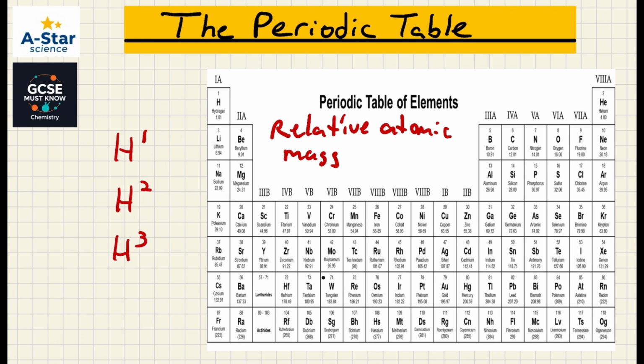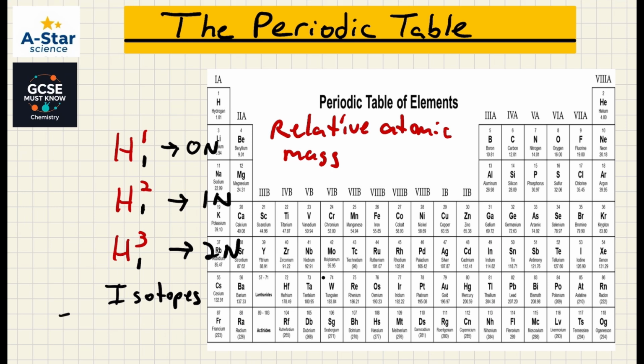I know they're all hydrogen because their atomic number is still all 1. So that means that this hydrogen has 0 neutrons, this has 1 neutron, and this has 2 neutrons. This is what we call isotopes. So isotopes have the same number of protons, but different numbers of neutrons.